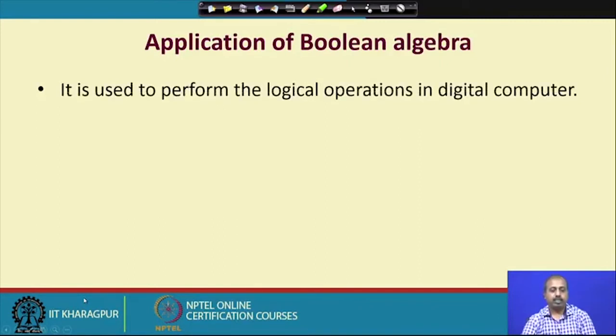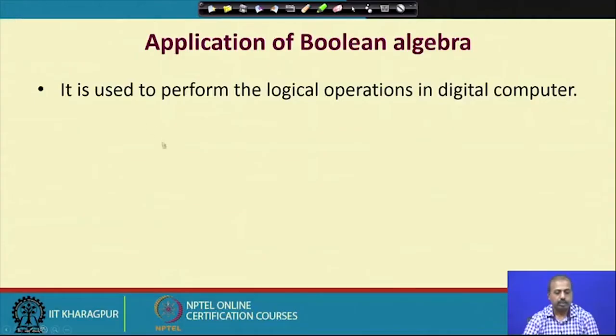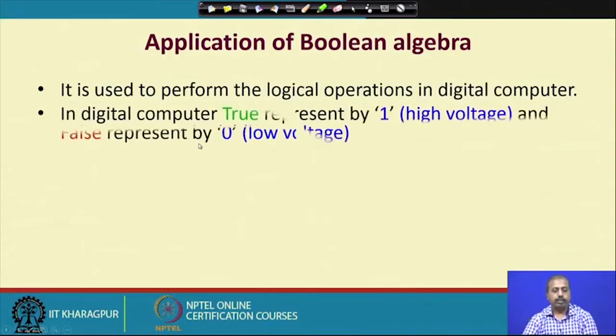It is used to perform logical operations in digital computers, and in fact in digital circuits. In digital computers or digital circuits, true is represented by a 1, often a high voltage, and false is represented by a 0, which is low voltage.